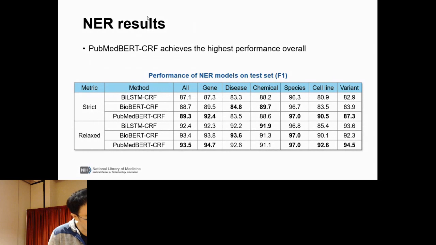In strict metrics, all models achieve over 80% F1 score, and in relaxed metrics, our models achieved over 90% in F1 score. It suggests the state-of-the-art models achieve promising results on the named entity recognition task.